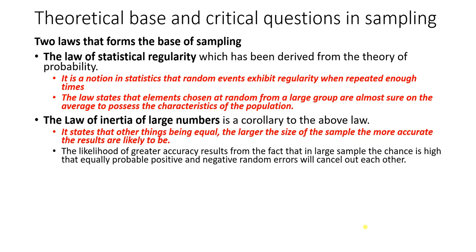This likelihood of greater accuracy is based on the fact that if the sample is selected randomly and is large, then the chances are very high that both positive and negative random errors will occur almost equally, and therefore they will cancel out each other, and it will have no significant effect on the overall characteristics of the selected sample.